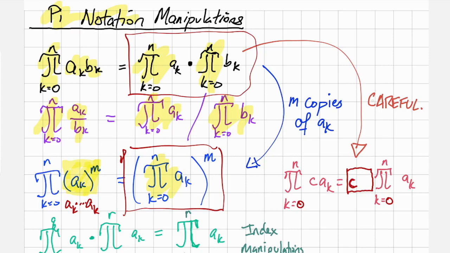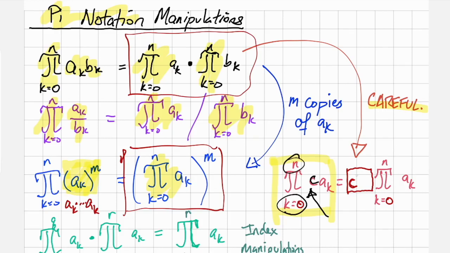This leads us to a word of caution, though. If you remember, in the previous video, we had an expression that involved the summation of k goes from 0 up to n of c a sub k. Now, for products, the right way to think about this is that there's a copy of c in each of the factors for k goes from 0 up to n.